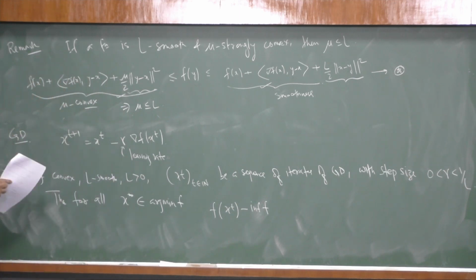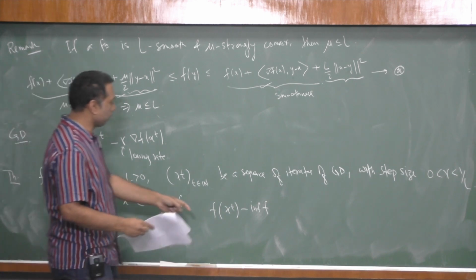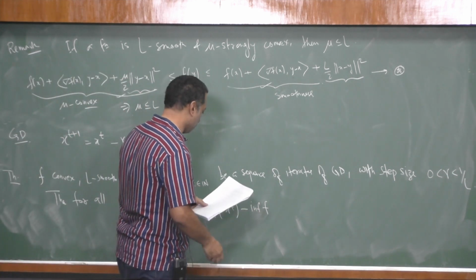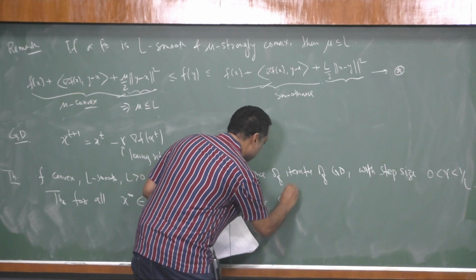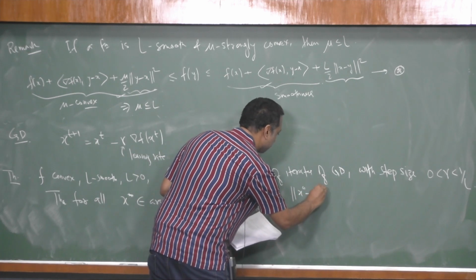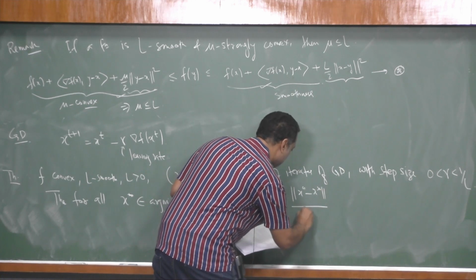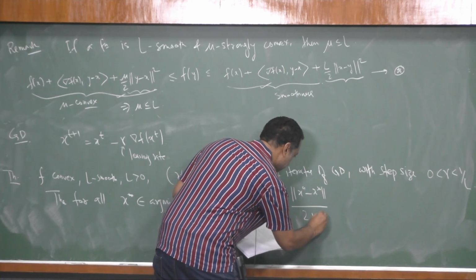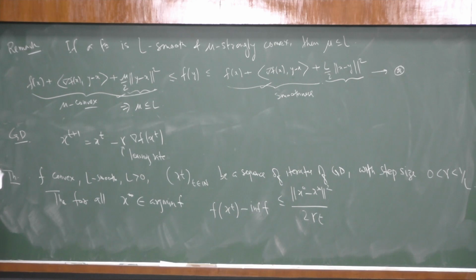You are generating these new approximations x_t, and you want to see how far they are from the optimal one. So this is bounded by norm x_0 minus x star squared divided by 2 gamma t, where gamma is between 0 and 1 over L.